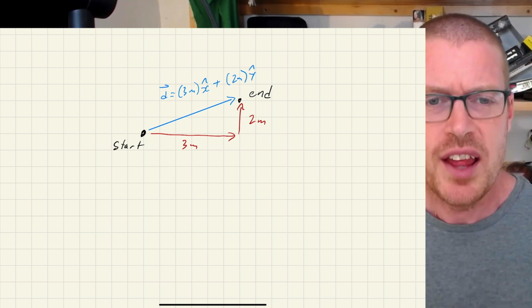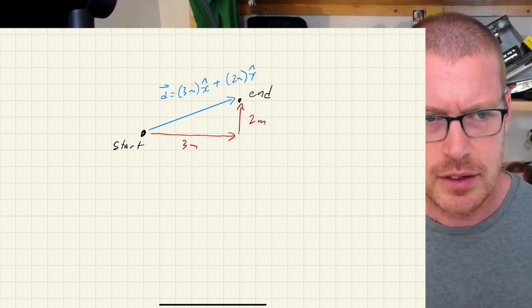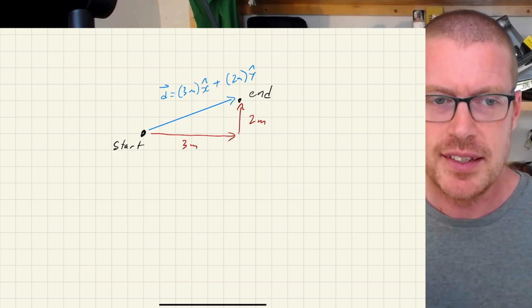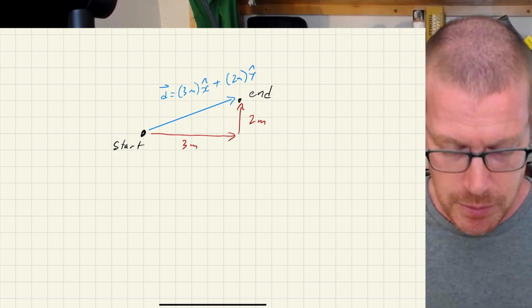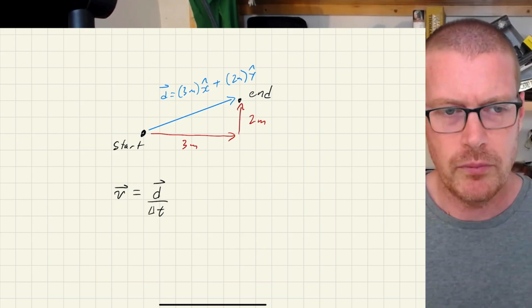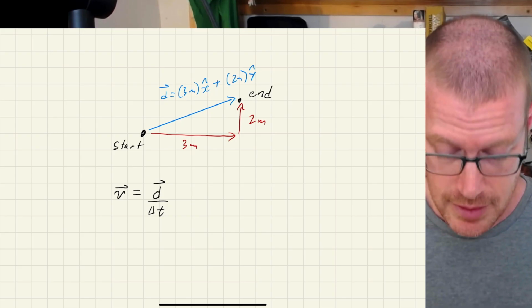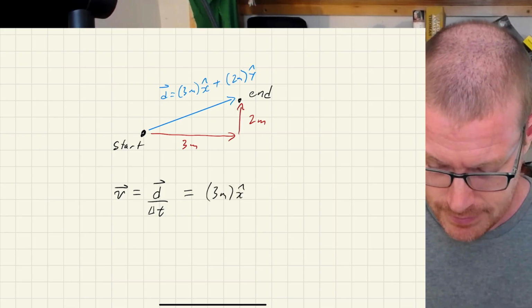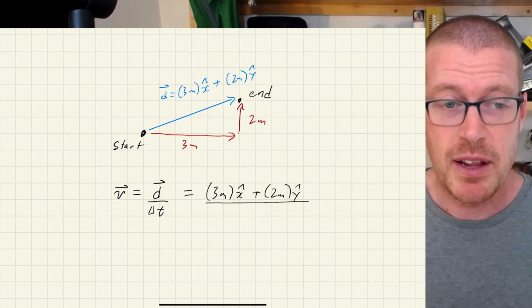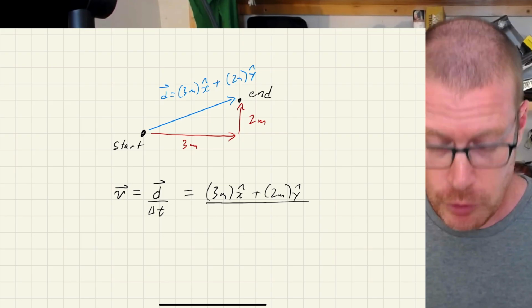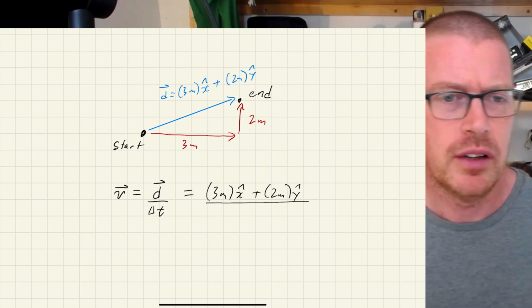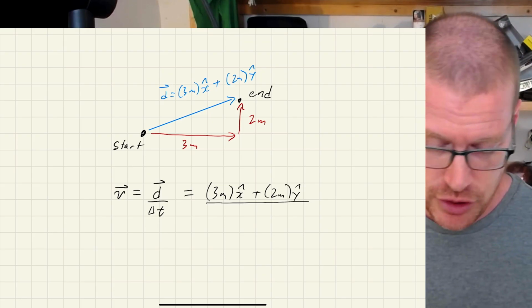Now, if we want to know the velocity vector, that's just this displacement divided by the time. So in this case, it's just that displacement vector over the time interval. So suppose it took 5 seconds to do this.